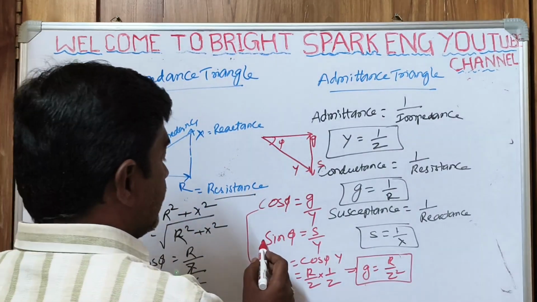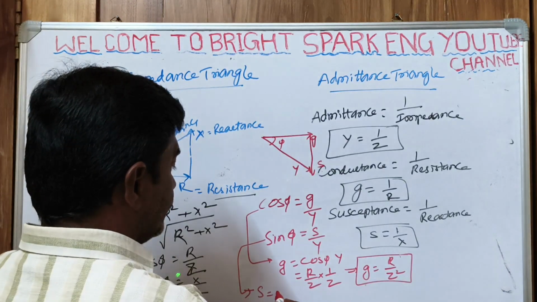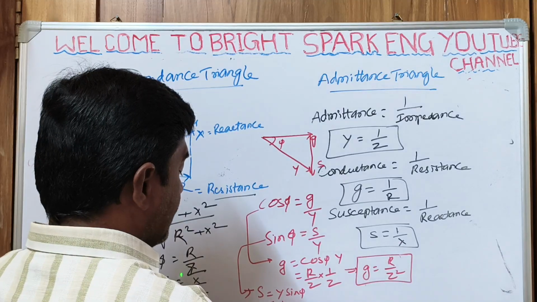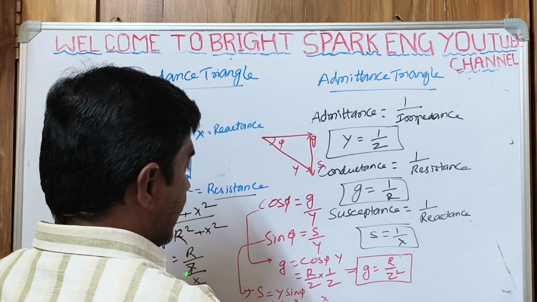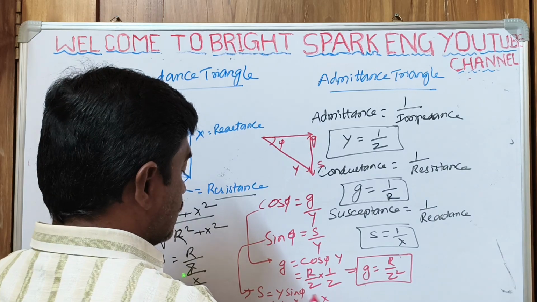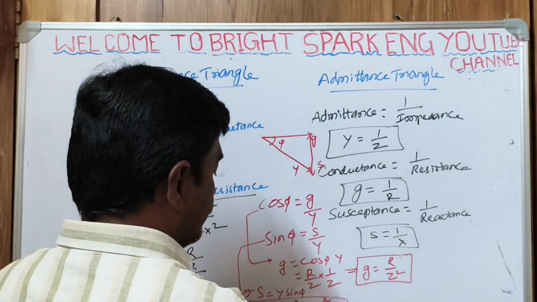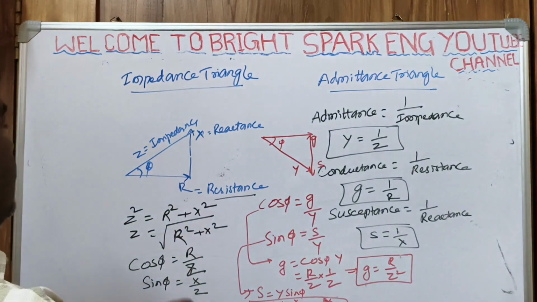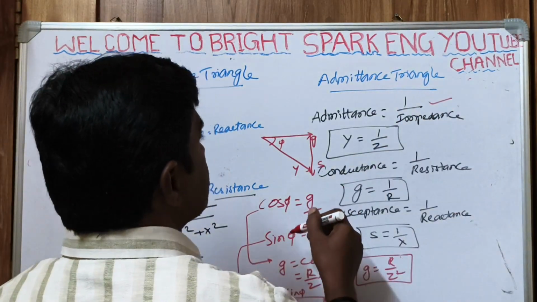In the same way, S is equal to Y into sin phi, Y is equal to 1 by Z, sin phi is equal to X by Z, that is S is equal to X by Z square. This is the formula. The impedance triangle is used for series circuits. The admittance triangle is used for parallel circuits.